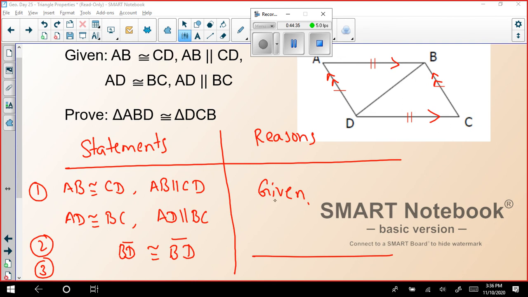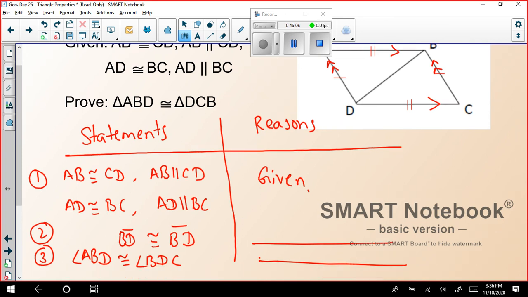So I have angle ABD congruent to angle BDC. Okay, before we move further, I just want you to tell the reason for these two steps. Then I will write the next step.